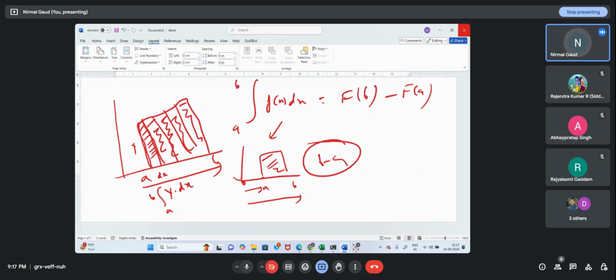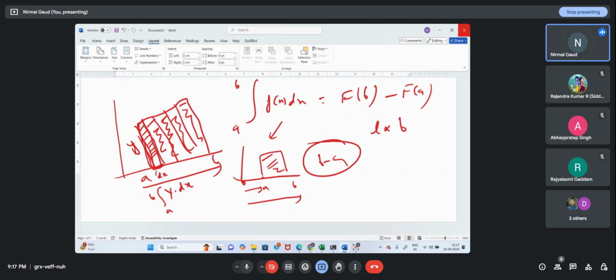So we are taking a very small strip, and the width of this strip is dx, and obviously the height is y. So y into dx, like the area of a rectangle. What is the area of a rectangle? Length into breadth.